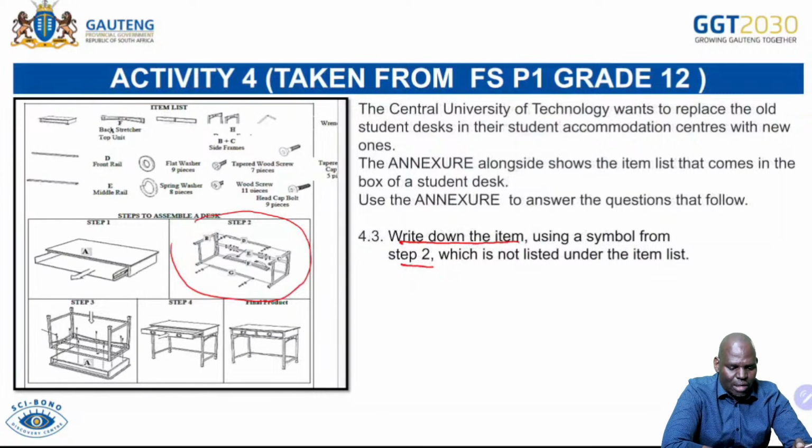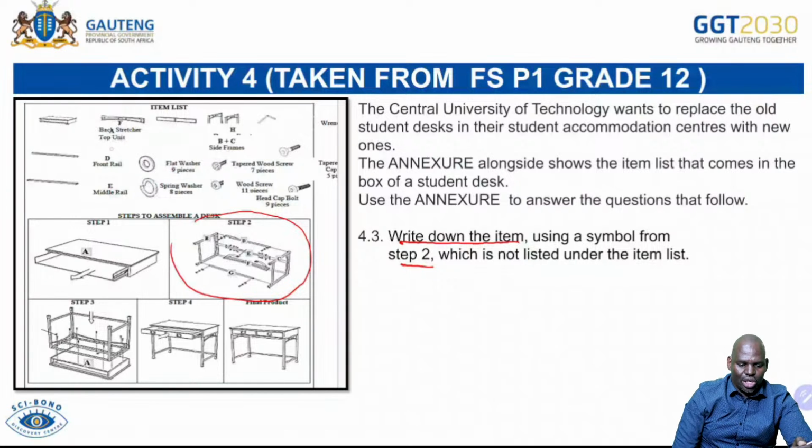Now, under the item list, we can see that we've got item F, item D, item E. Then we've got B plus C. In this case, they indicated E, D, E, and then they also indicated G. But if you look at all this, G is not indicated.